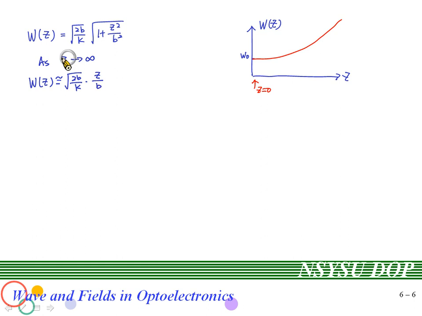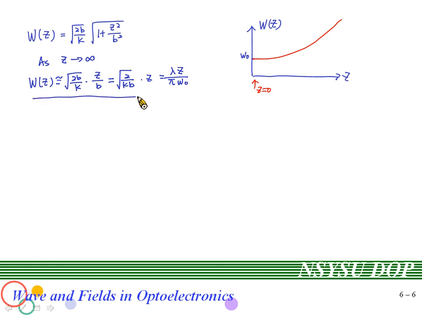Due to z going to infinity, compared to 1, this term will be very large, so the 1 can be ignored. And this value will be re-expressed this way. And then we can obtain it as lambda z over pi W0.